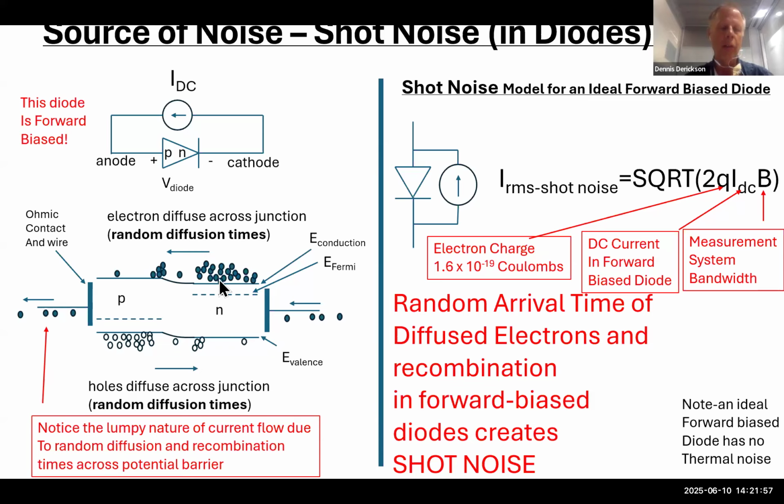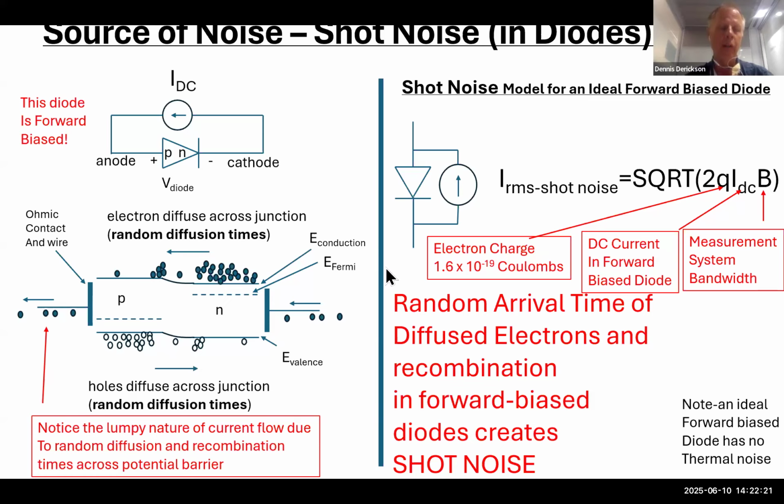Now, there are different current mechanisms in a diode, but in a forward bias diode, the primary mechanism for current flow is called diffusion. On the N-type material side, we have a high density of electrons. In the P-type material, we have very few electrons, which are minority carriers.